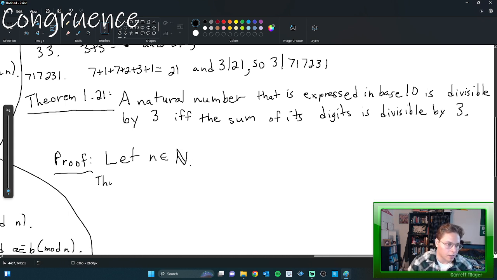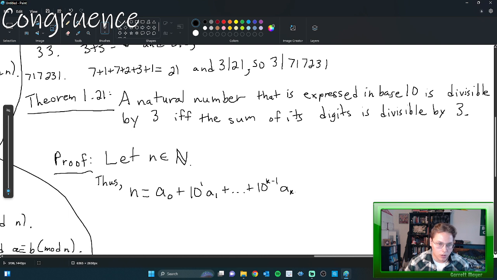And because of that, we can write out the natural number as a decomposition of its digits. So a0 plus 10 to the 1 times a1 plus ... plus 10 to the k minus 1 times a(k-1) plus 10 to the k times ak.